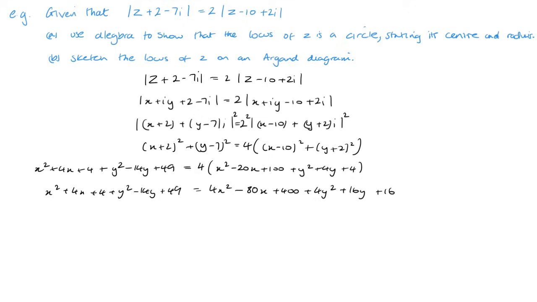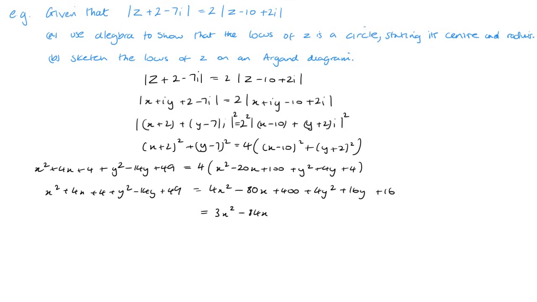Now, I think the easiest thing to do is to take everything to the right-hand side. So that gives me 3x squared, because I'm taking away x squared. Then I'm going to take away 4x, so that leaves me with minus 84x.